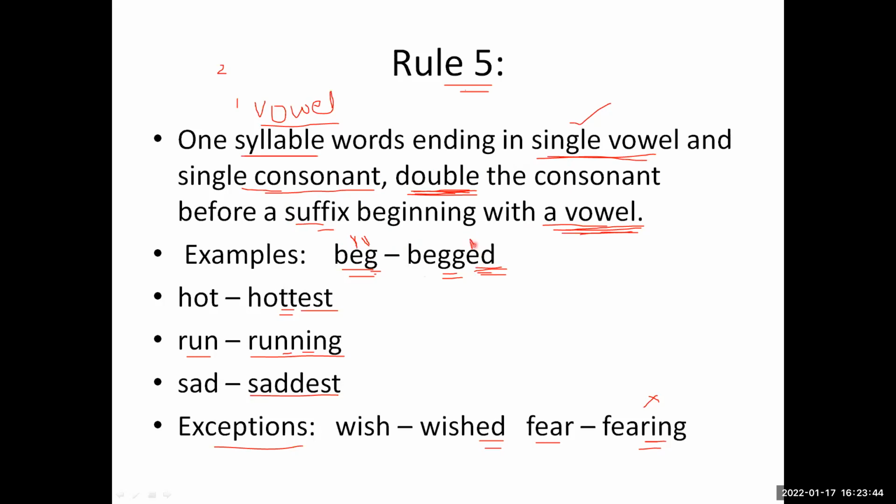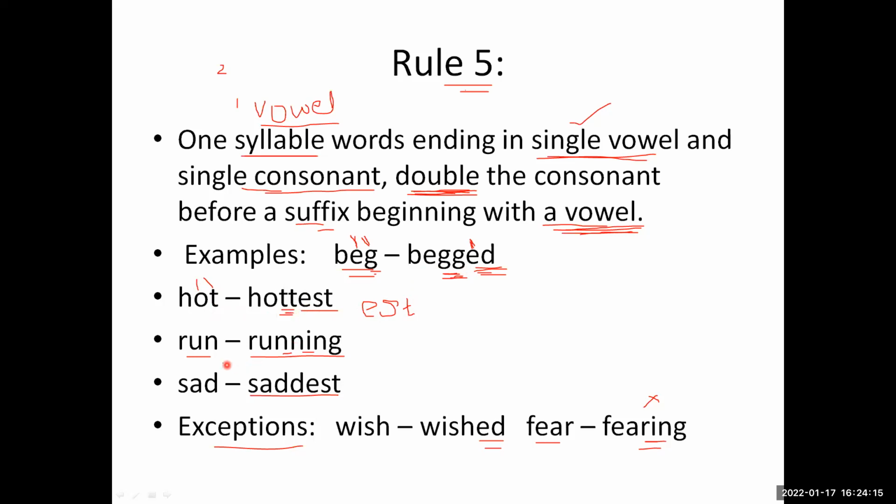E is a vowel sound and so G gets doubled. It becomes bigged, B-I-G-G-E-D. Same case with hottest. Hot, a one syllable word. That is the vowel, that is the consonant. T gets doubled because the suffix is est. In est, E is a vowel sound. So therefore it becomes double T.